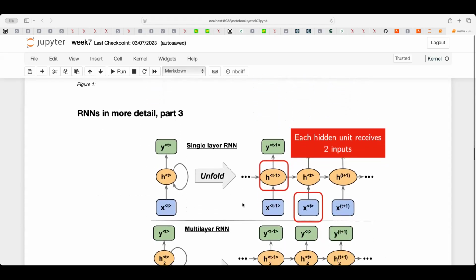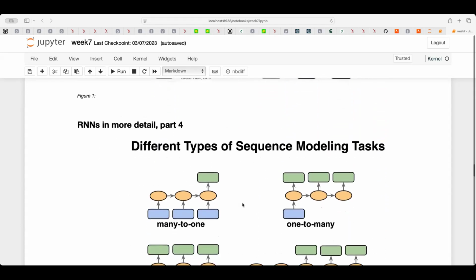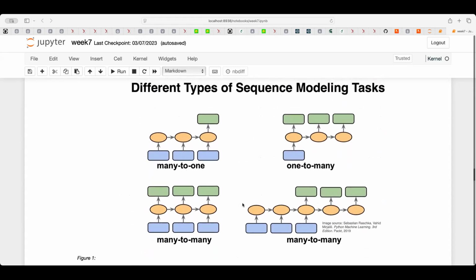The typical cases which you can end up with, if we skip some of these because we went through them last time, are many inputs to one. This is pretty common in language sequencing. You can have many to many.